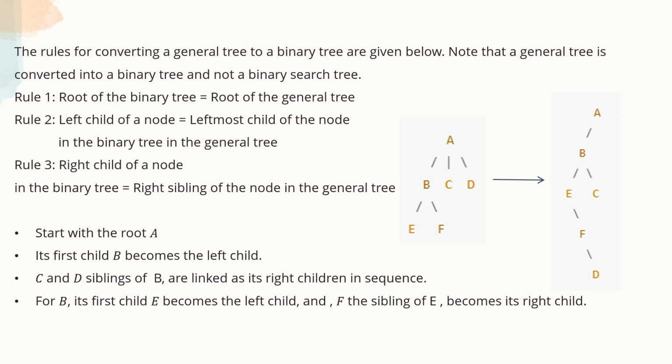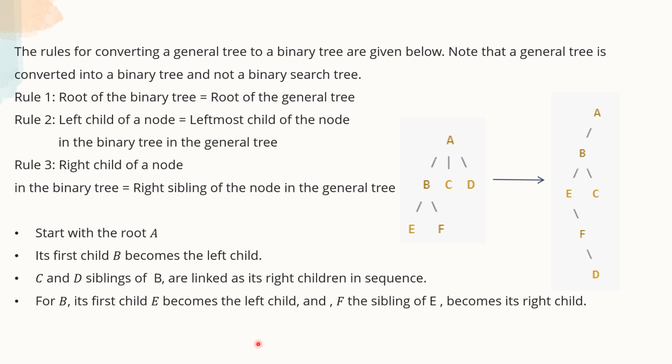That is, we have to take the right sibling of the node in A. There is no right sibling for A, so it does not have any right child. So the root node you have taken as such.